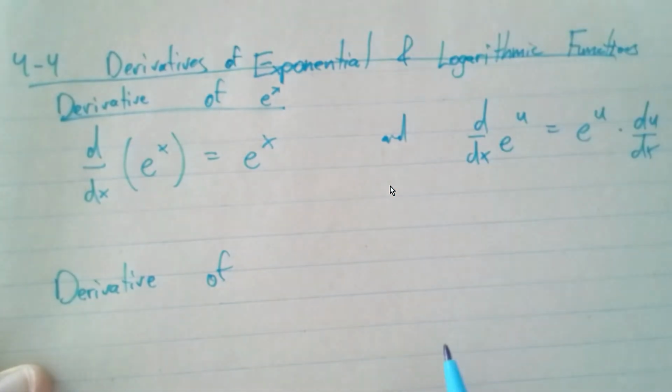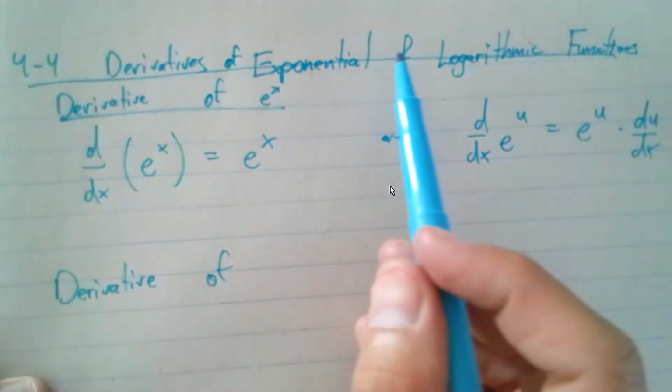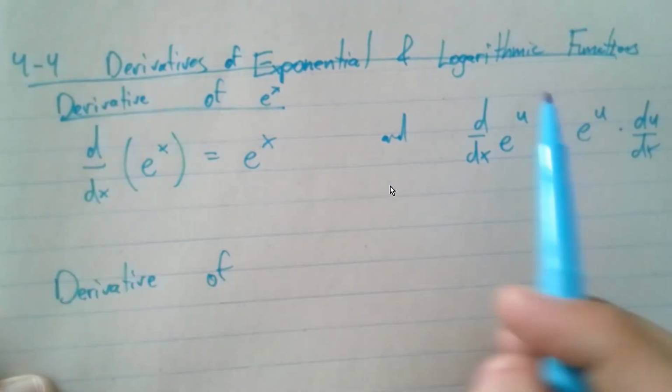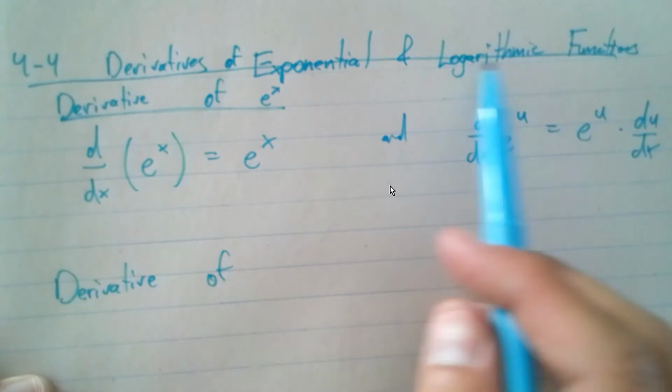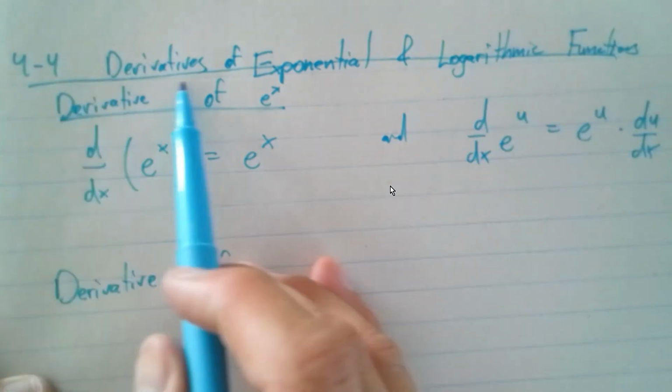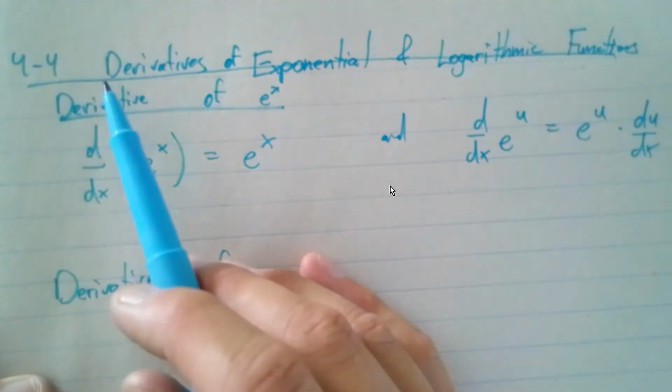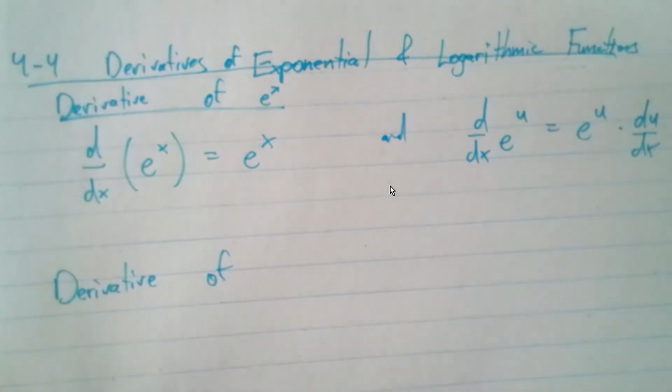I'm sorry, that's not crossing it out. That's an attempt to underline the top line, but it didn't go very well. I ended up Xing that out by accident. This line should be underlining these words. 4-4 is derivatives of exponential and logarithmic functions.